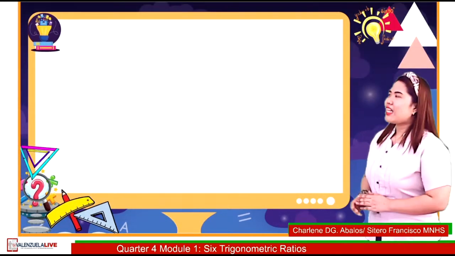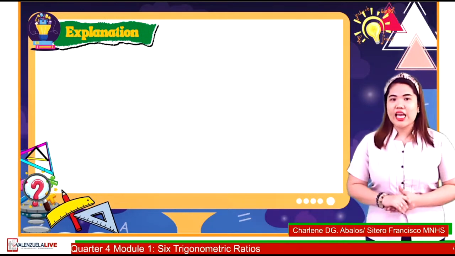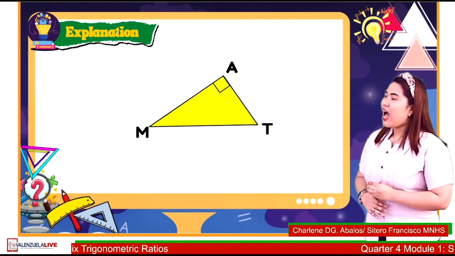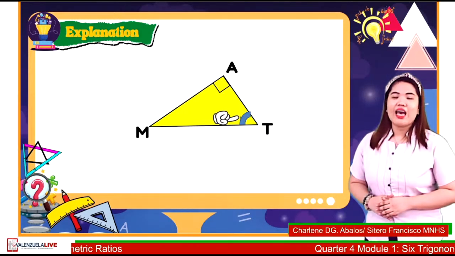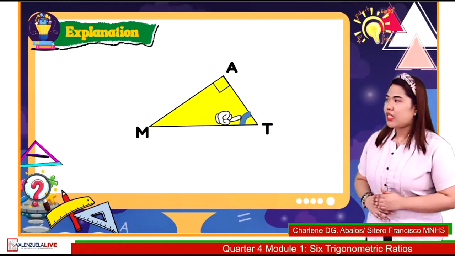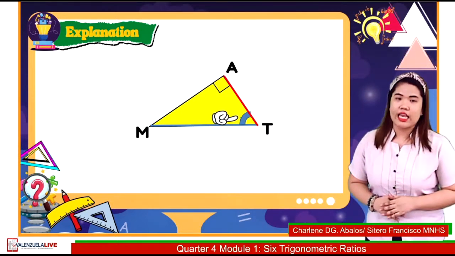Given triangle MAT, considering this angle T, the two sides next to it are segment MT and segment AT.